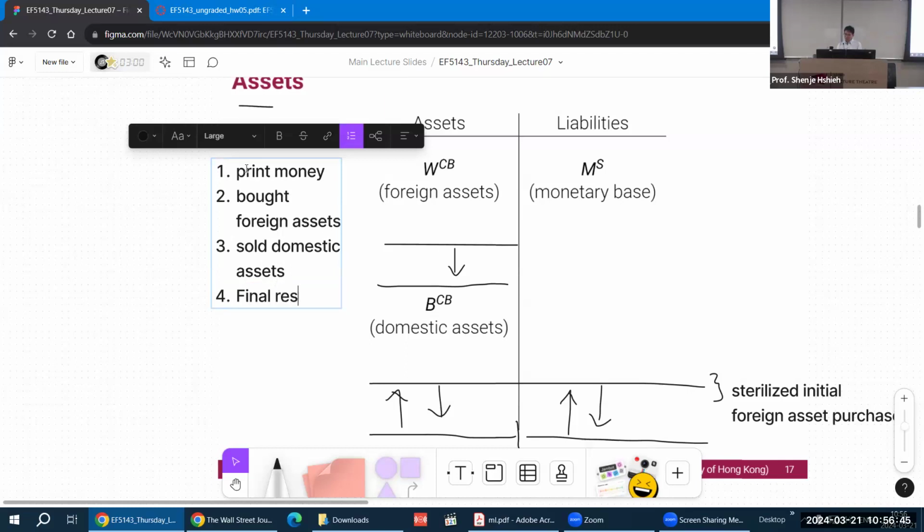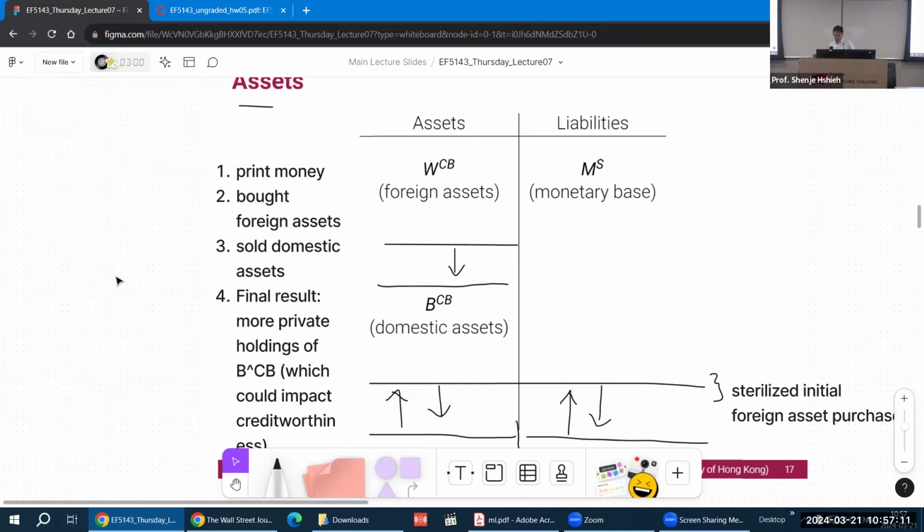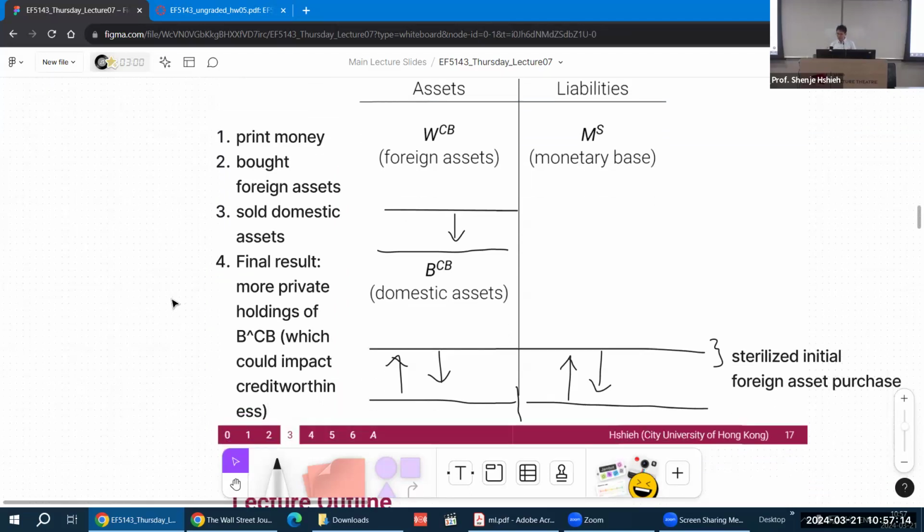Final result: more private holdings of BCB, which could impact creditworthiness. We're going to say it does. I mean, it could, and there are scenarios when we compare different countries where it matters.